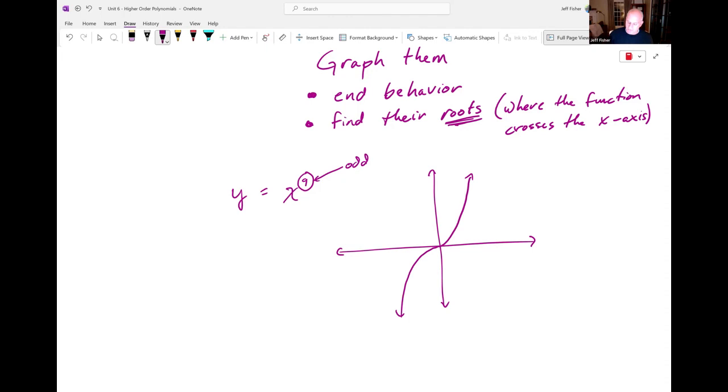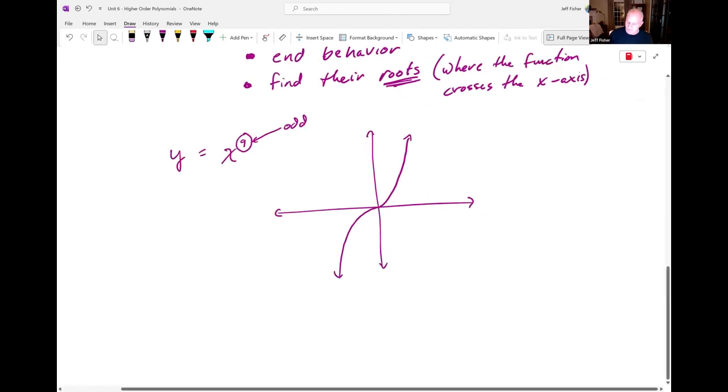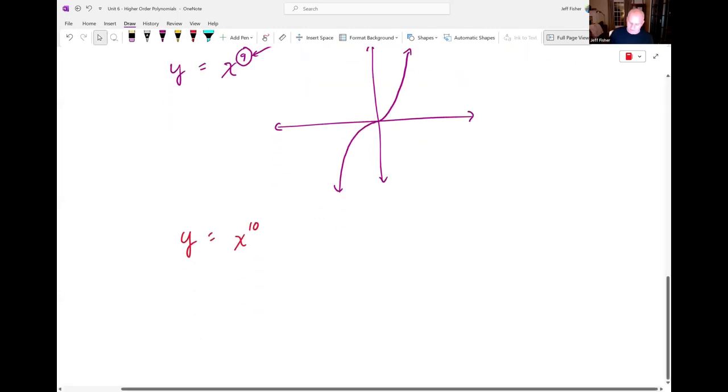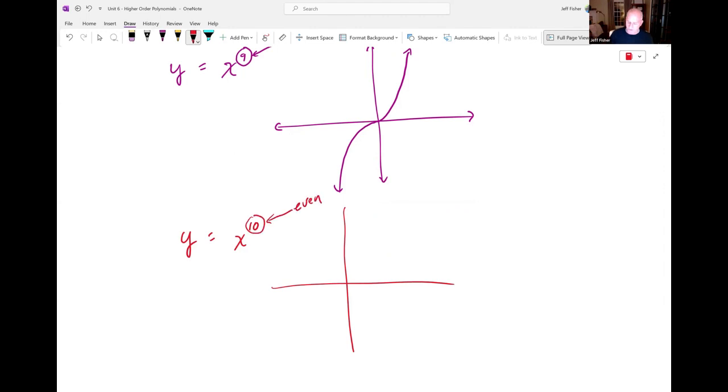But our even numbers, if we say y equals x to the 10th, our even numbers where we have an even highest order exponent, they look like this. They go like this. Okay?